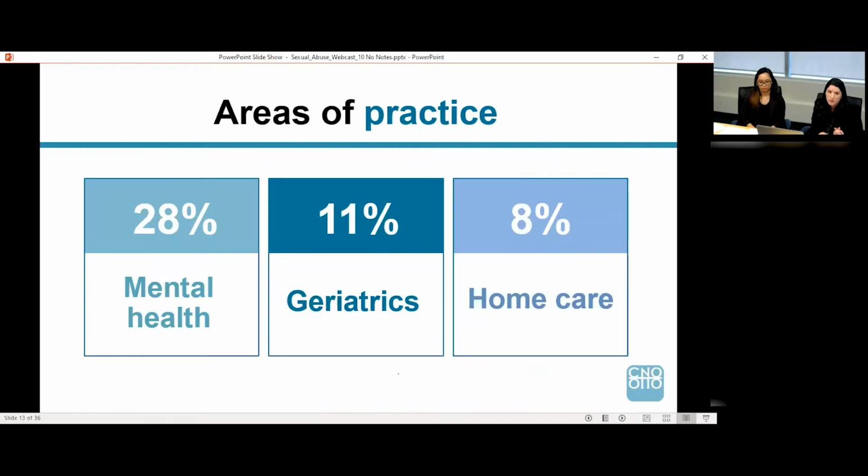The most common area of practice where the alleged incident occurred was in mental health, and this was followed by geriatrics and home care. I'll give you one example from our case files just to illustrate what this might look like.